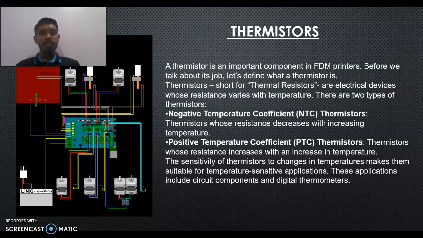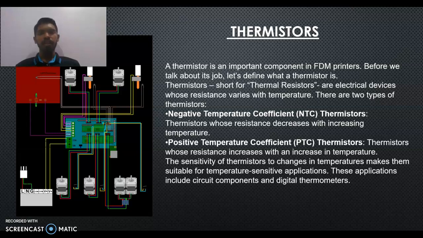A thermal resistor is an electrical device whose resistance varies with temperature. There are two types of thermistors. The first is the NTC, the negative temperature coefficient thermistor, and the second is the positive temperature coefficient thermistor.